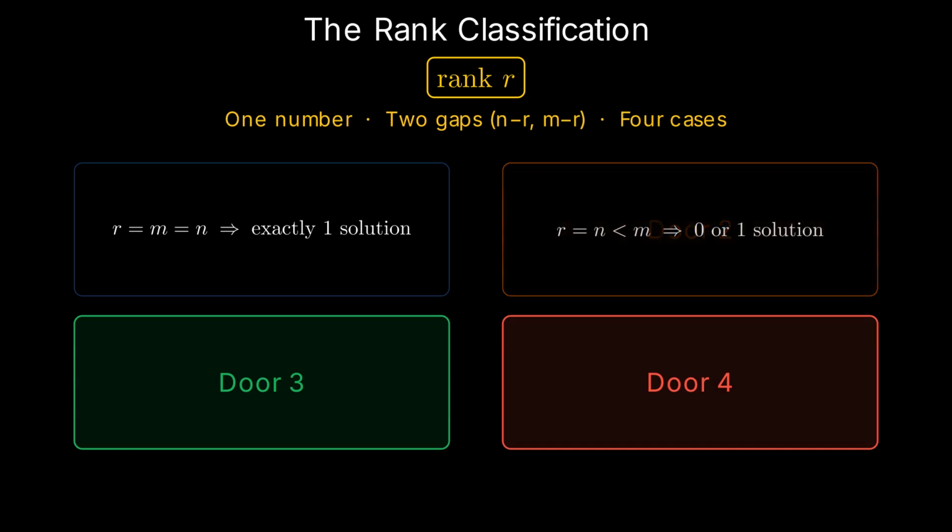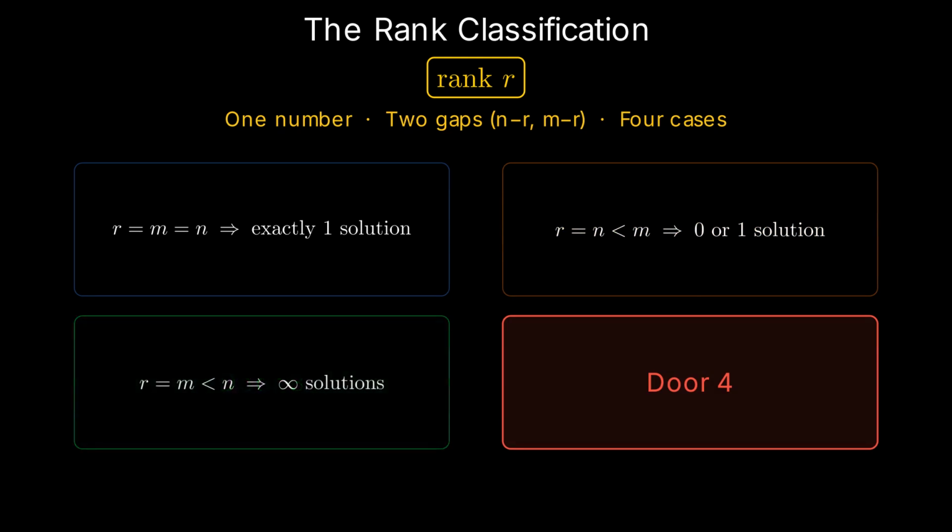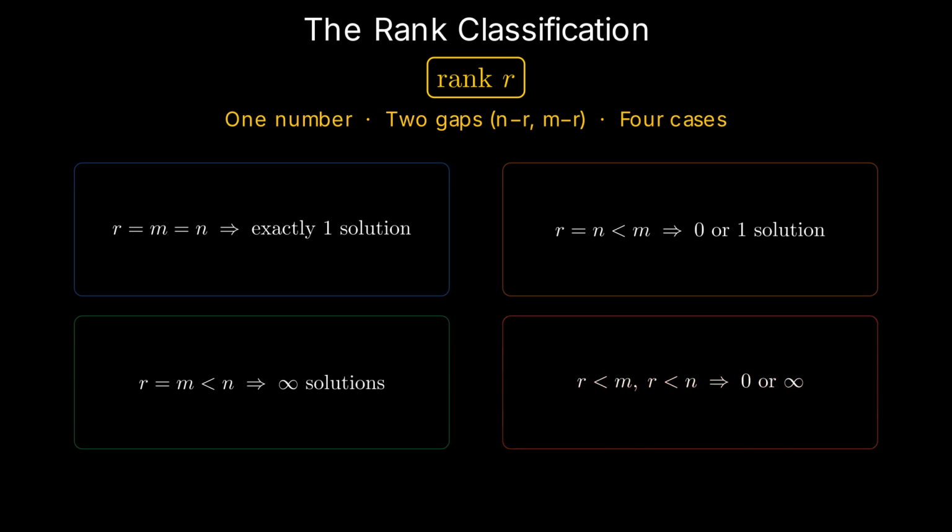Door 2, when R equals N but is less than M, there are 0 or 1 solutions. Door 3, when R equals M but is less than N, there are infinitely many solutions for every right-hand side. Door 4, when R is less than both M and N, there are either 0 or infinitely many solutions.